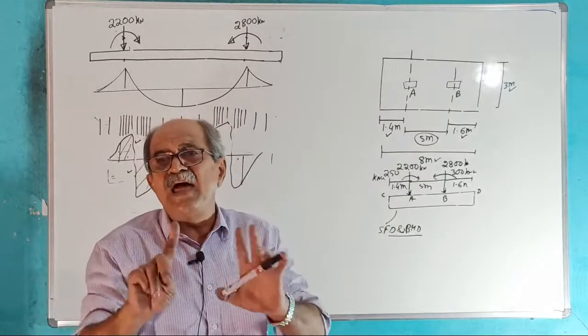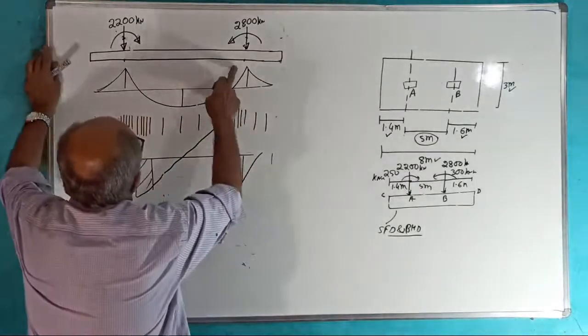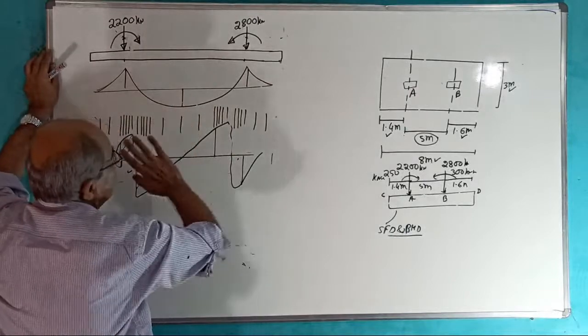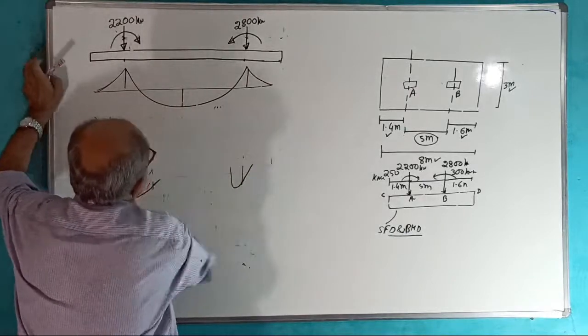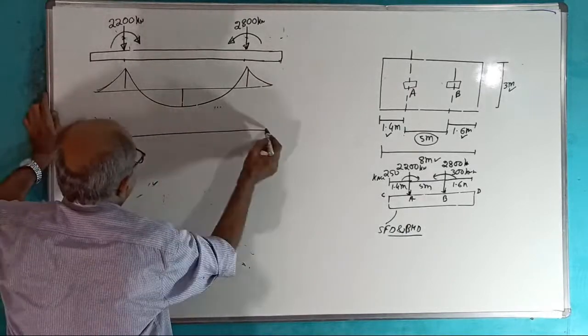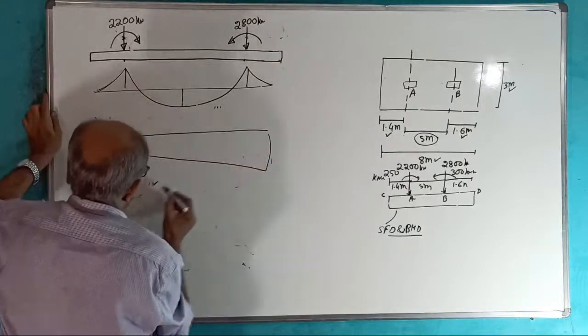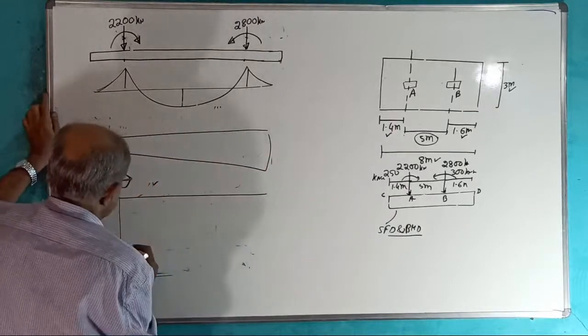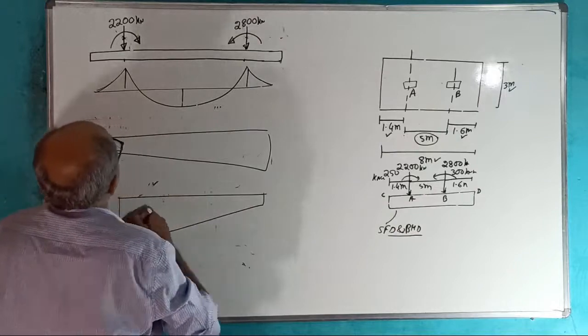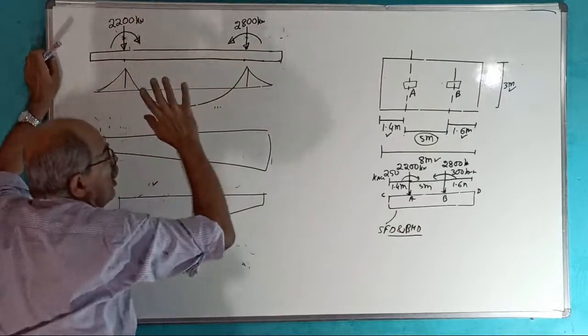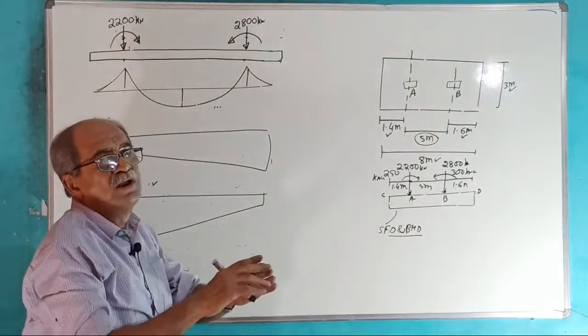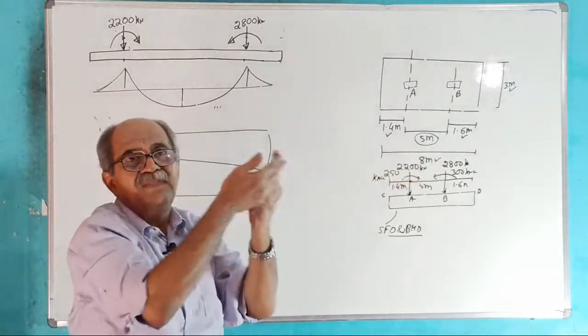When the sagging bending moment is there, nothing like that. See, the intensity of load can come either like this or like this, depending on where the resultant of the complete loading falls, on that side or this side.